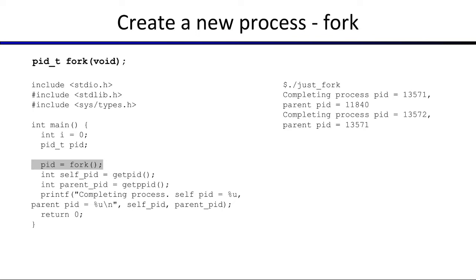Now here's a simple sample program: pid equals fork. After that we get the self PID of this process using getpid and the parent PID, and then I just write the PID of this process and the parent PID.